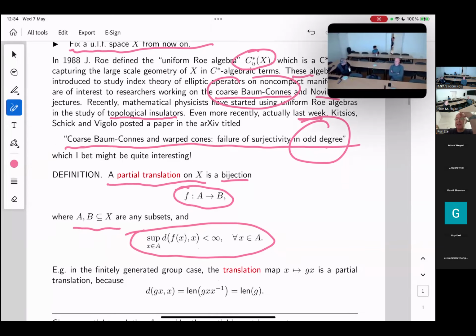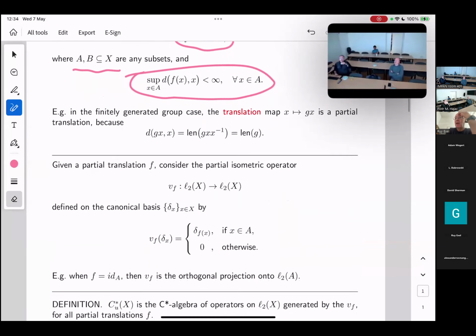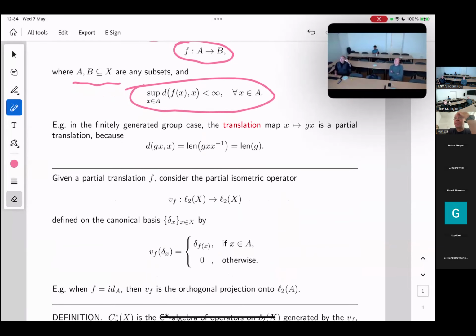So in the finitely generated group case, we can speak about translations. On a group, we can speak about translations. And every translation is a partial translation, because if you compute the distance between the translated point gx and x, the x cancels, and so the distance is constant.